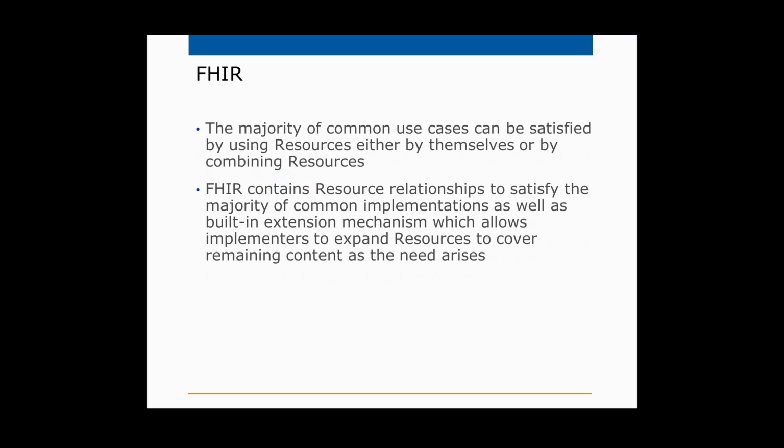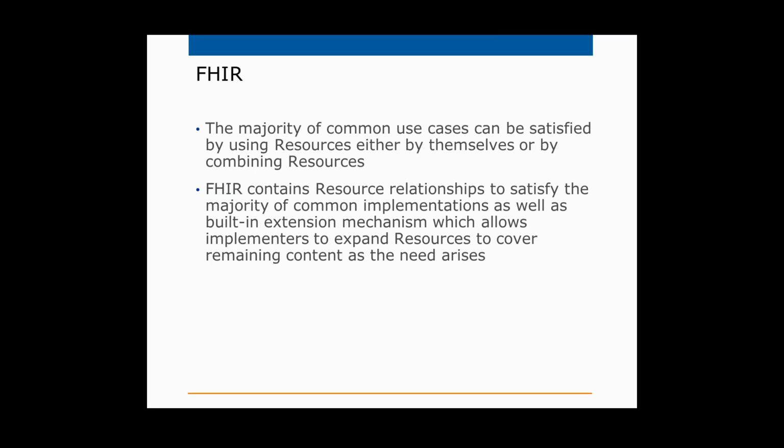FHIR contains what are called resource relationships to satisfy the majority of common implementations. And part of the interesting part is that extensions can be used. So for expandability, FHIR allows extensions to be used to allow implementers to build on current resources to cover the remaining content as a specific workflow comes up.